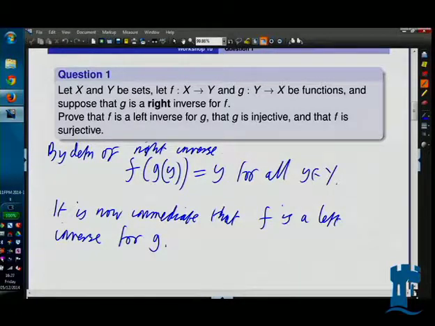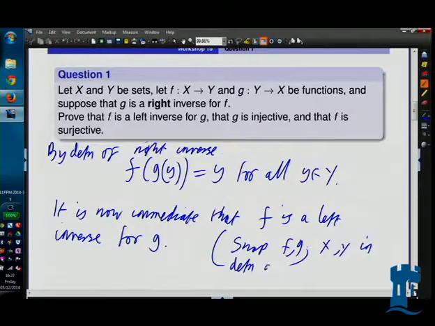And since I was talking about g is a something inverse for f, you're going to have to swap f and g and x and y around to say what it means that f is a something inverse for g. Swap f and g and x and y in the definition above to see what that means. Okay.